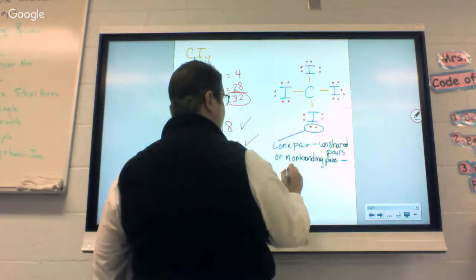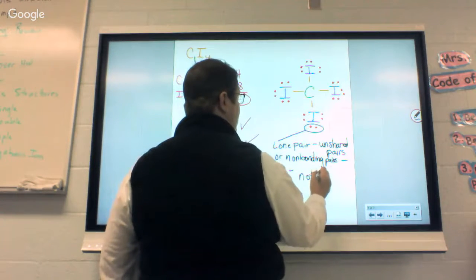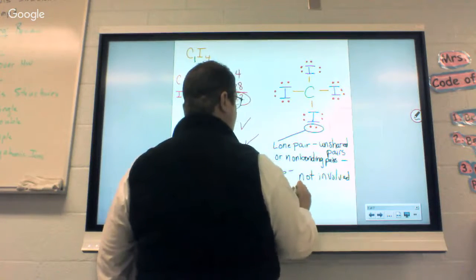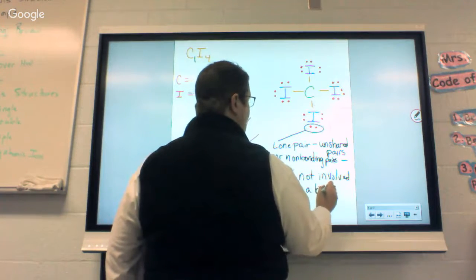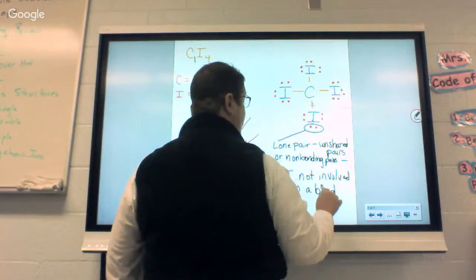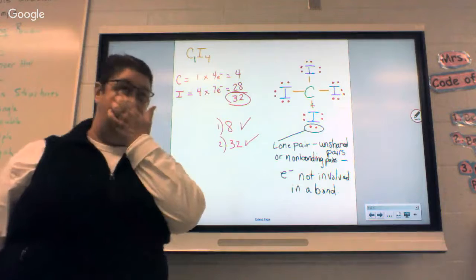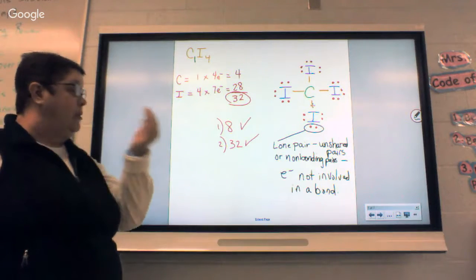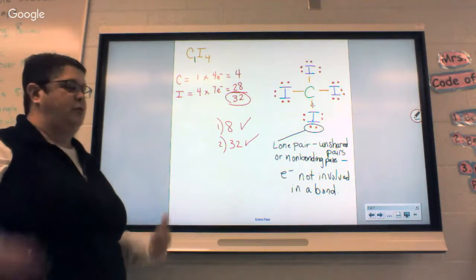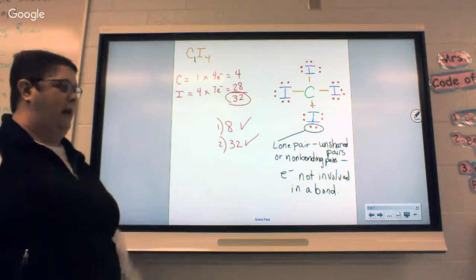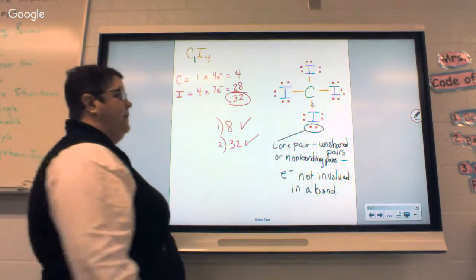All right, they're electrons not involved in a bond. I will call them lone pairs 9 times out of 10, because that's the way my chemistry teacher taught it in high school. It's what I have done since I learned it that way. But unshared pairs and non-bonding pairs mean the same thing.